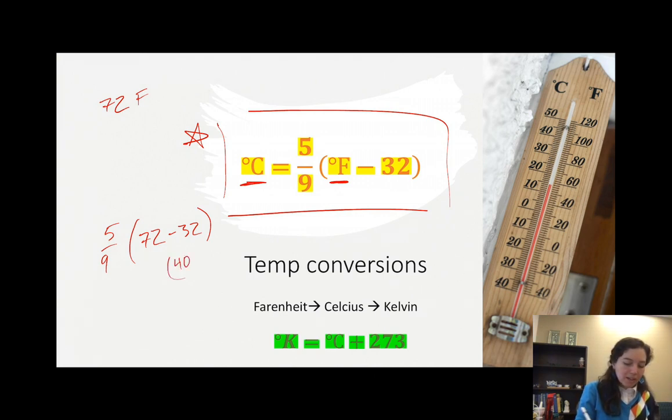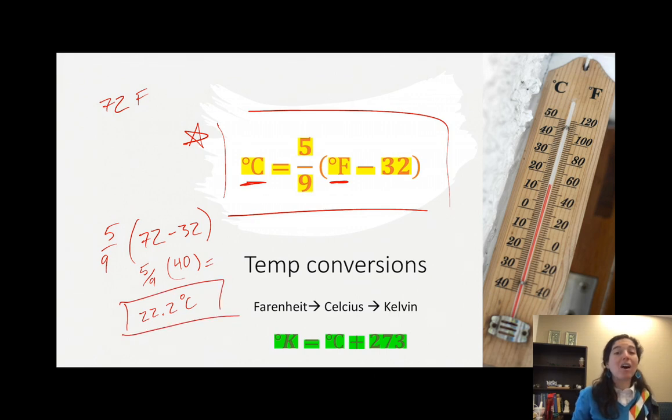So 5 over 9 times 40 gives us 22.2 Celsius. So pretty close to 23. So 23 is actually a little hot. That's warmer than 72, which is what we consider room temperature in Fahrenheit, I believe.